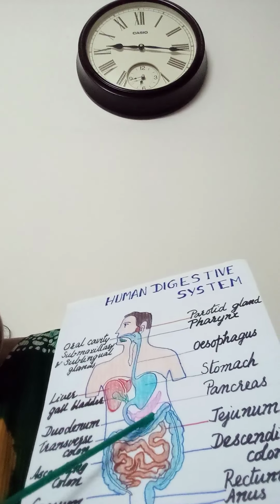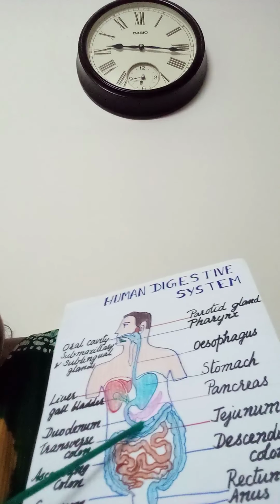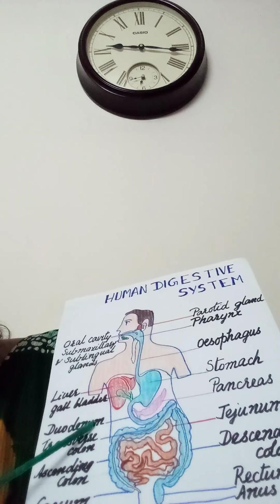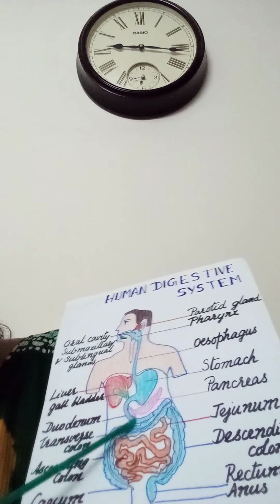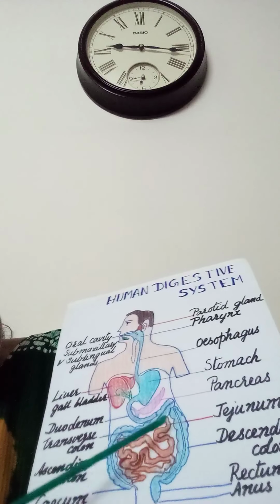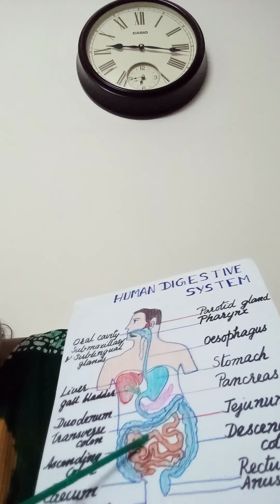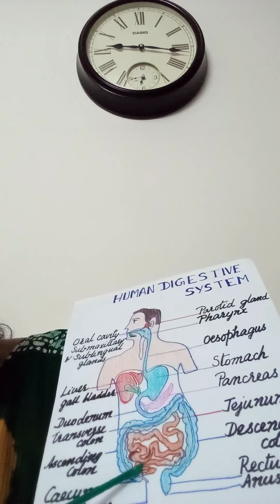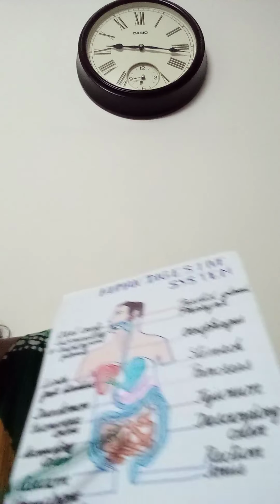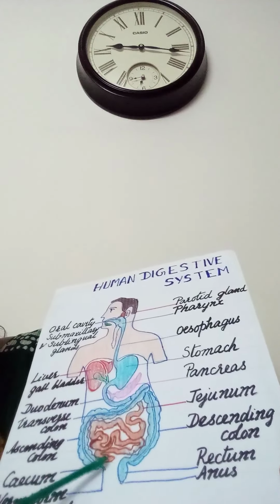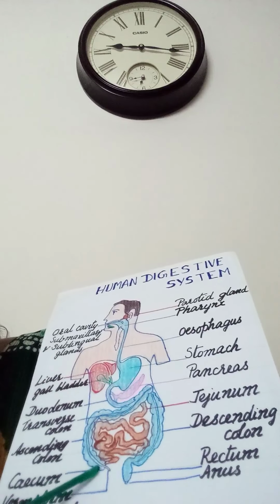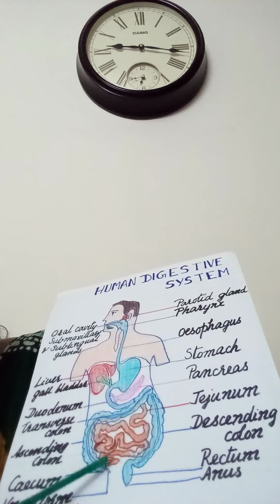The first part of the small intestine is the U-shaped duodenum. Duodenum leads to the coiled jejunum. Jejunum leads to the highly coiled ileum. Ileum leads to the large intestine.